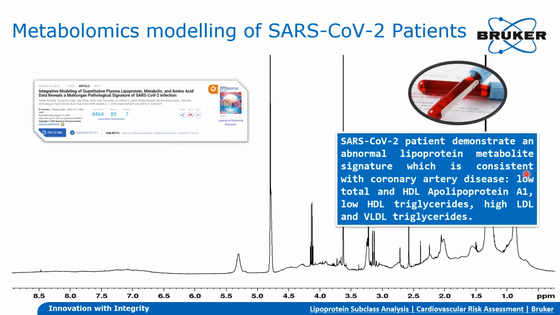And the result related to this lipoprotein profile shows low total and high density lipoprotein, apolipoprotein A1, a very low concentration in the high density lipoprotein, triglyceride, and high LDL, low density lipoprotein, and very low density lipoprotein triglyceride. So this is the result, and these lipoprotein related parameters play a substantial role in early biomarker identification, and this is very exclusive to NMR.